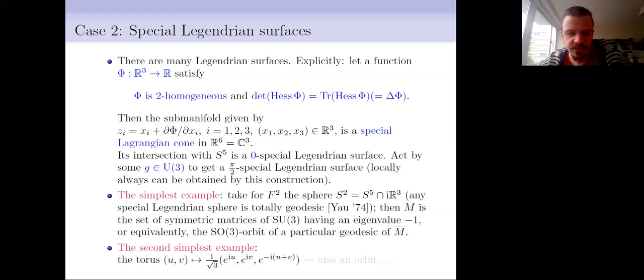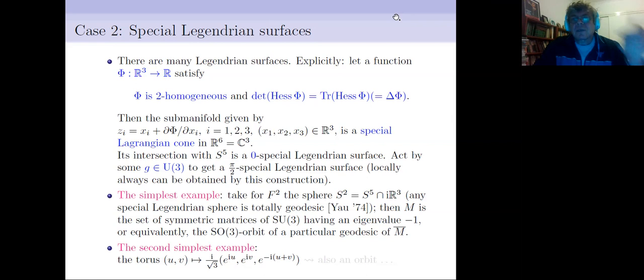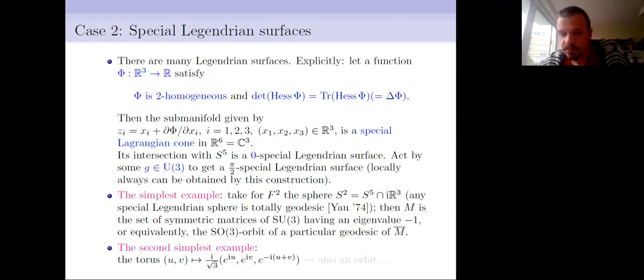Yeah, I wanted to ask, does this agree with the notion of Legendrian in contact geometry? Yes. But this notion of alpha special Legendrian, where alpha is a number between 0 and pi, is this special to this particular contact manifold, or can it be generalized to other contact manifolds?